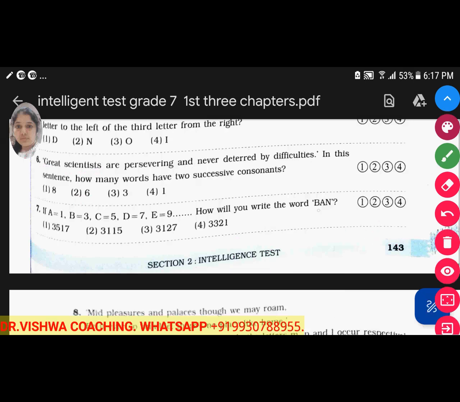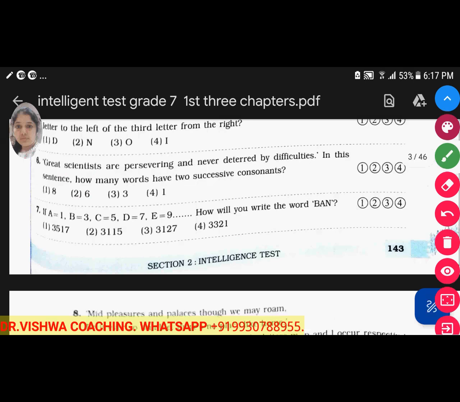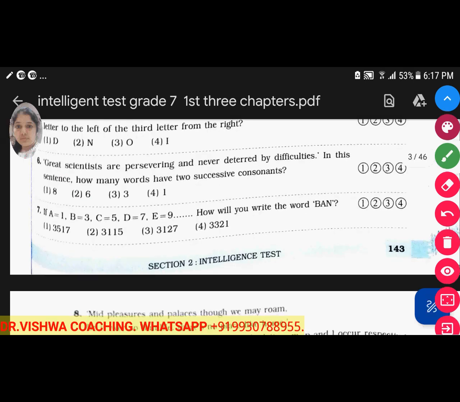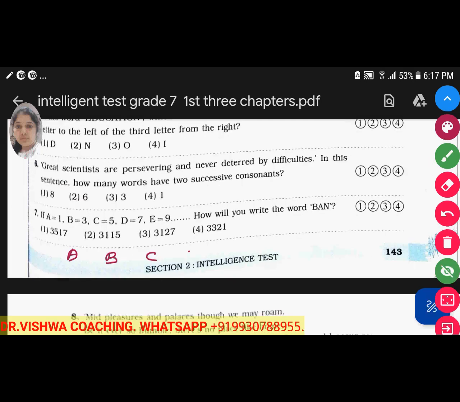Now we have to find the word for ban. Now see, you have to give the numbers up to N. A, B, C, D, E, F, G, H, I, J, K, L, M, N. Now 1, 3, 5, 7, 9, 11, 13, 15, 17.